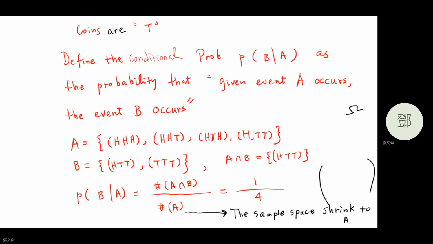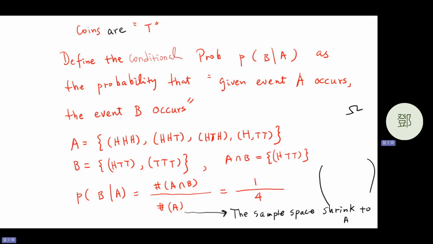Suppose you are given that event A occurs, what is the probability that B occurs given that A occurs? Let's look at the sets A and B. A is the event that the first coin is head: HHH, HHT, HTH, HTT, and no more.